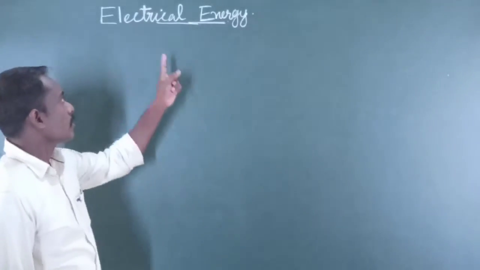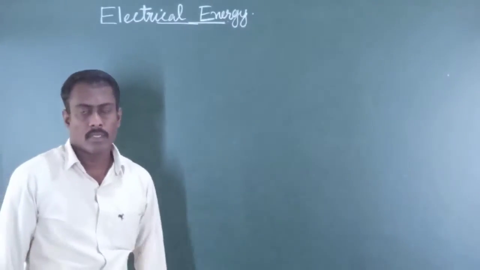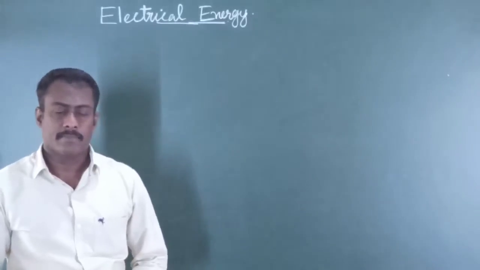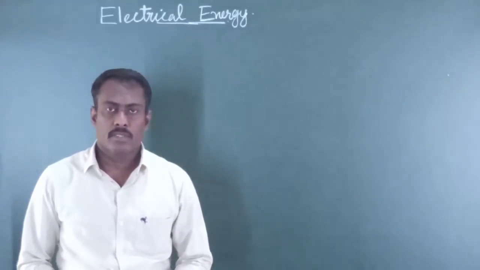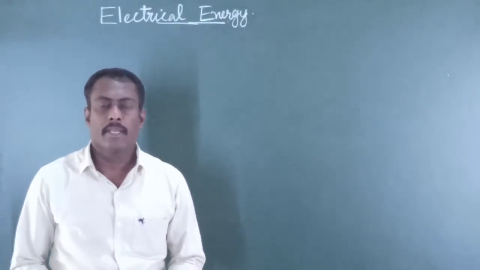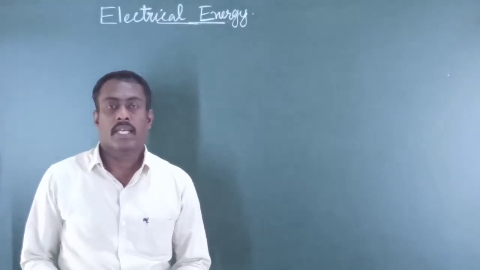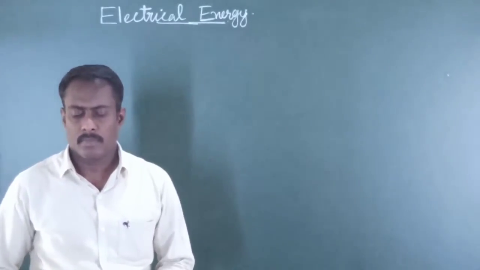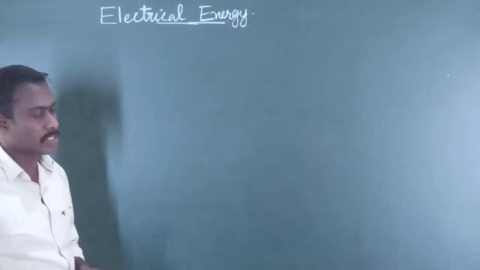The next term is electrical energy. What do you mean by electrical energy? Electrical energy is the total work done in maintaining the current in a conductor by a voltage source.